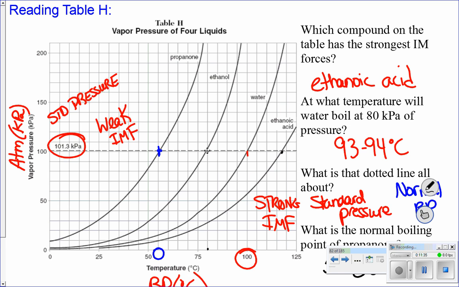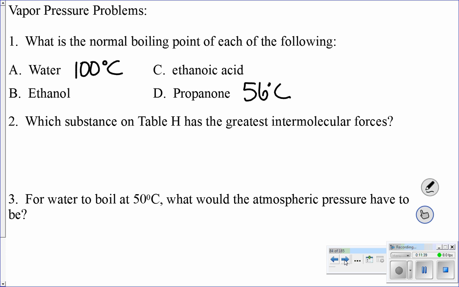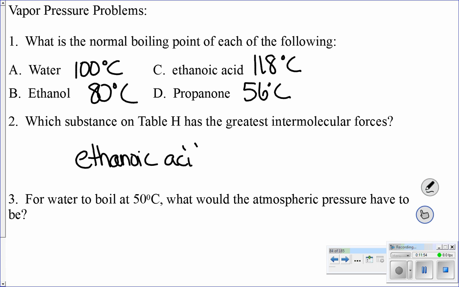And ethanoic acid would give about maybe 118. You should be able to determine which substance has the strongest intermolecular forces. We already talked about that: ethanoic acid. It has the lowest vapor pressures on the table and the highest boiling point.